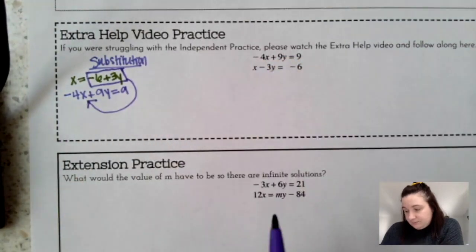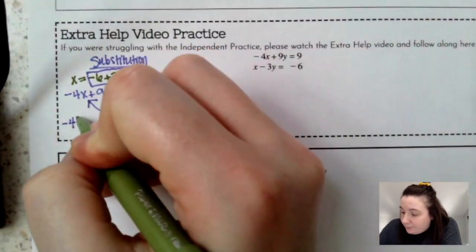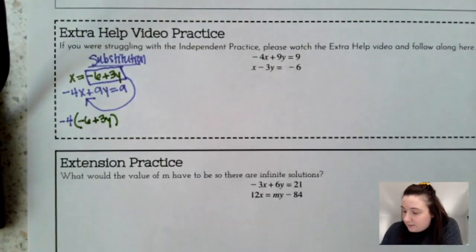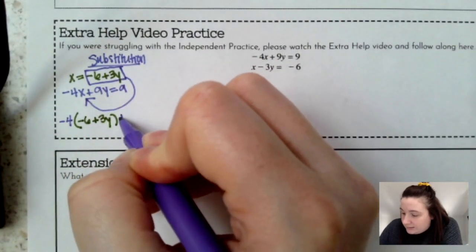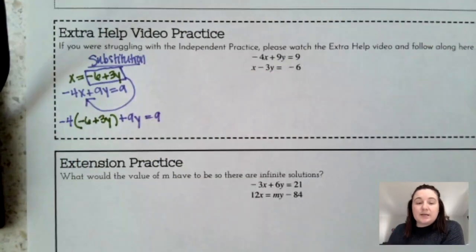So we're going to have negative 4, and then in parentheses, negative 6 plus 3y, plus 9y equals 9. You imagine you just took x and got rid of it, and you put in the stuff that x is equal to.